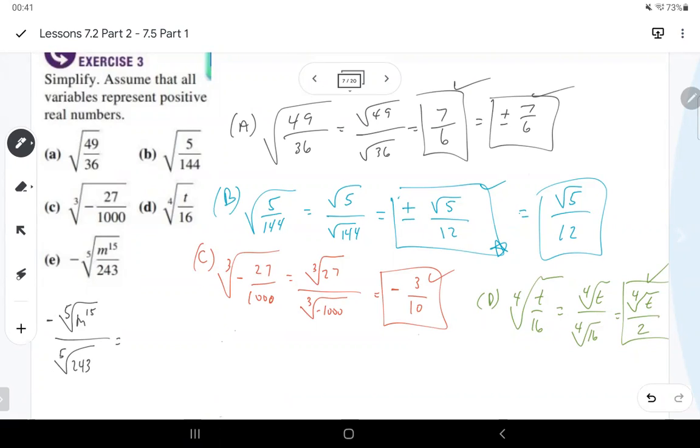That wouldn't change. However, here, 15 over 5 does reduce, so we do want to pull it out. The 5th root of 243 is 3. So we have negative m to the 3rd power over 3.